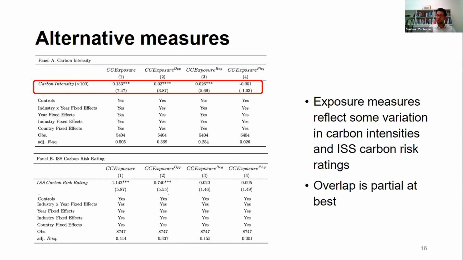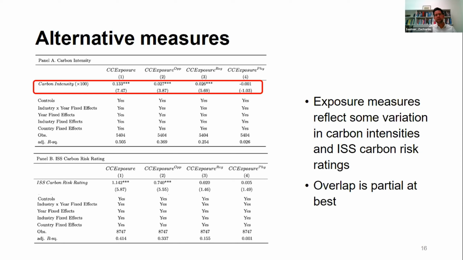Opportunity exposure, we were first surprised, but it makes a lot of sense because it turns out, for example, there's a Lauren Cohen paper recently that some of the biggest carbon emitters in the world are also the most innovative firms in terms of green patenting, right?